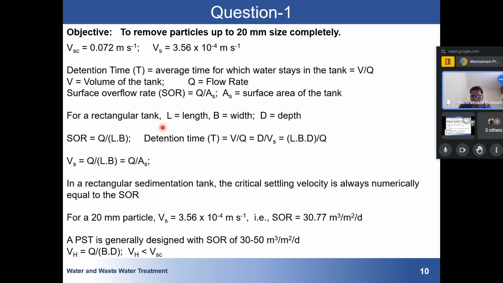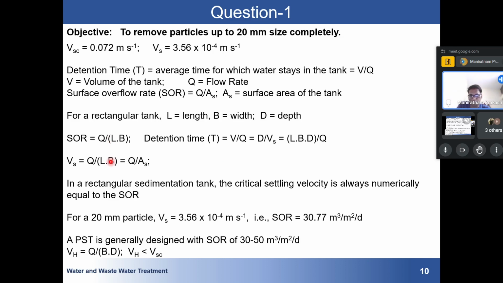I am discussing this in a very short way, but these things are not this short. When you study the design of the primary sedimentation tank in your department, they will take around 4 to 5 hours to explain each and everything, and why we are assuming certain things, because these are very rigorous.